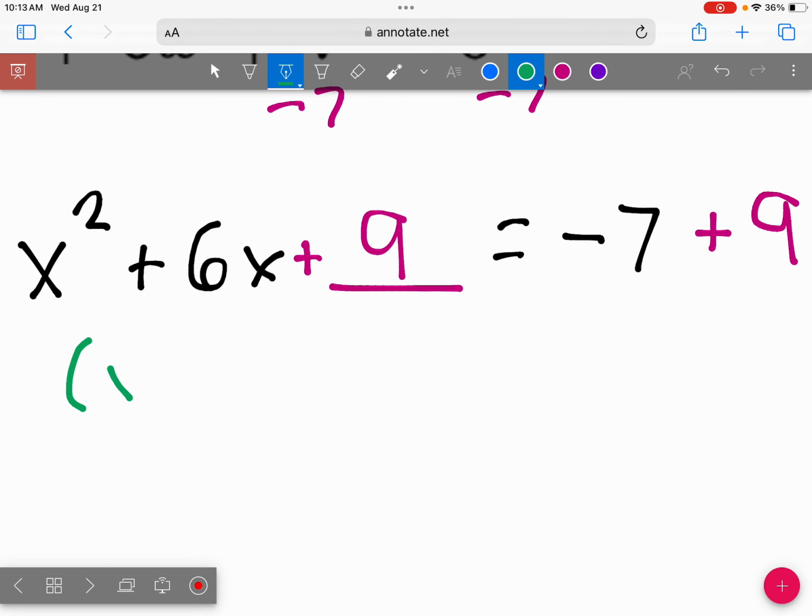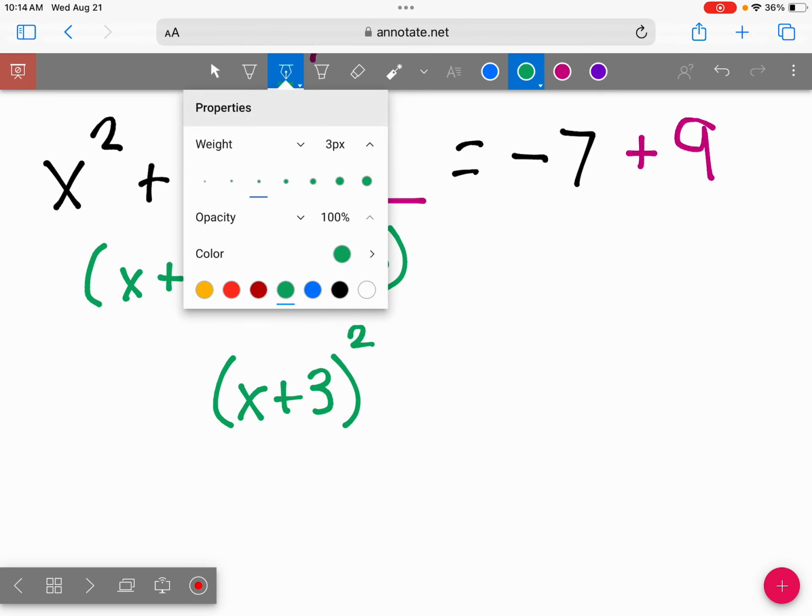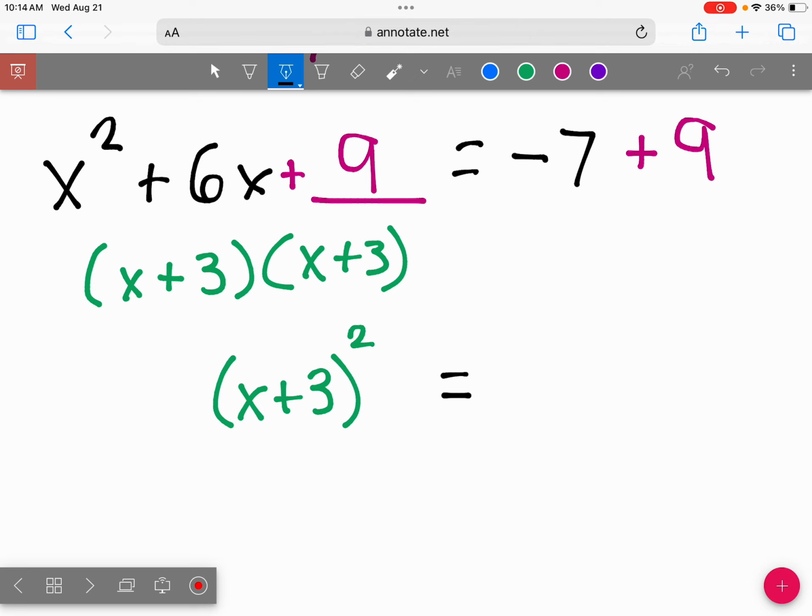We're going to get x plus 3 times x plus 3, which is also known as x plus 3 squared. And that's going to equal negative 7 plus 9, which is 2. Questions on either of those two steps?